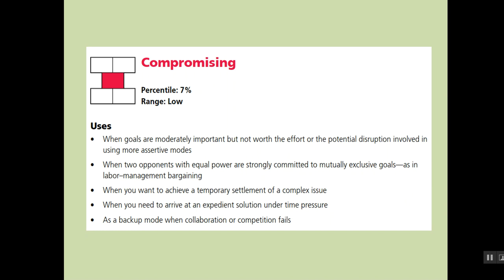When two opponents with equal power are strongly committed to mutually exclusive goals, as in labor management bargaining. When you want to achieve a temporary settlement of a complex issue. When you need to arrive at an expedient solution under time pressure. And also as a backup mode when collaborating or competing fails.